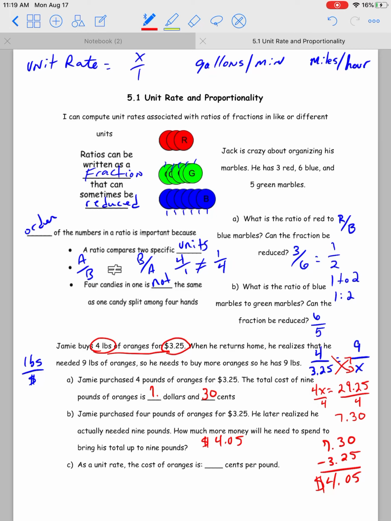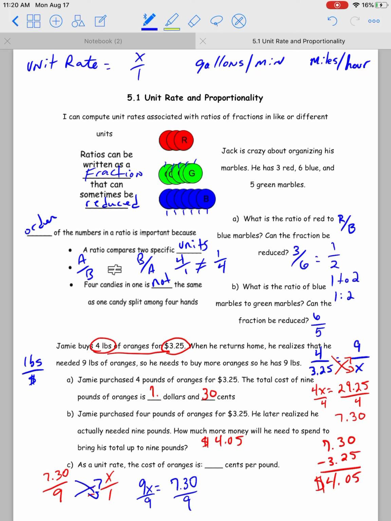As a unit rate, the cost of the orange is blank cents per pound. How do we figure that out? We're going to set up a unit rate. Remember, a unit rate is to 1. So if the unit rate is x over 1, because we don't know what that x is yet, and we have a total of $7.30 for 9 pounds, if I cross multiply and then divide, I have 9x is equal to 730.